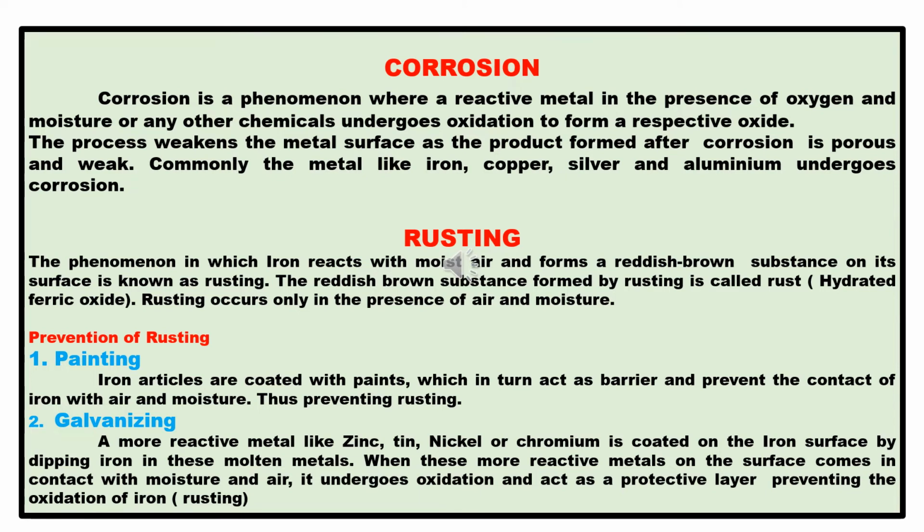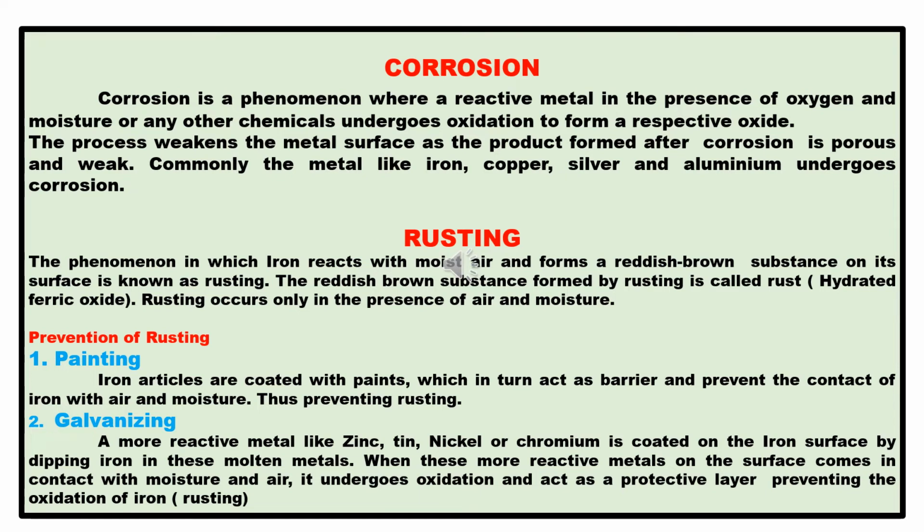So let's see what is corrosion. Corrosion is a phenomenon where a reactive metal in the presence of oxygen and moisture or any other chemicals undergoes oxidation to form a respective oxide.